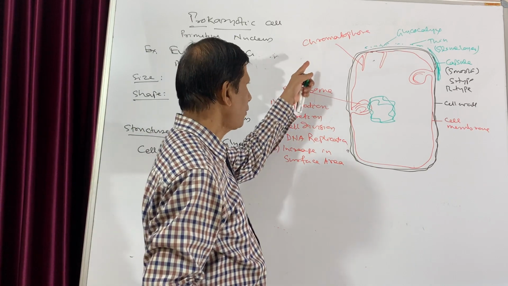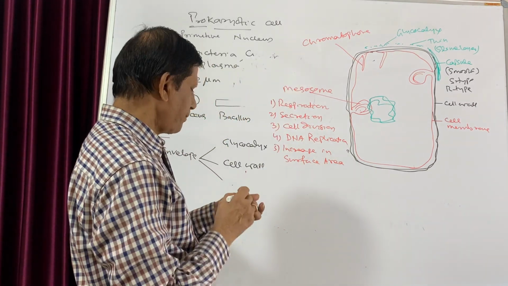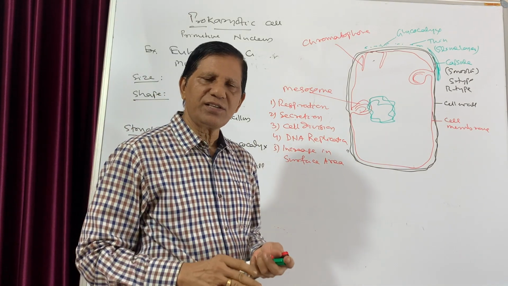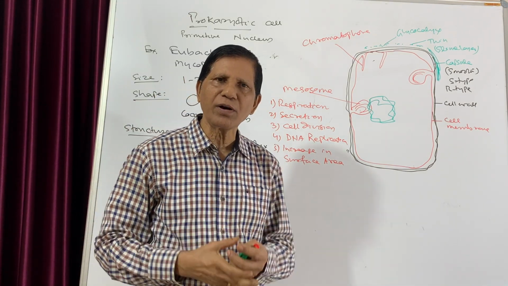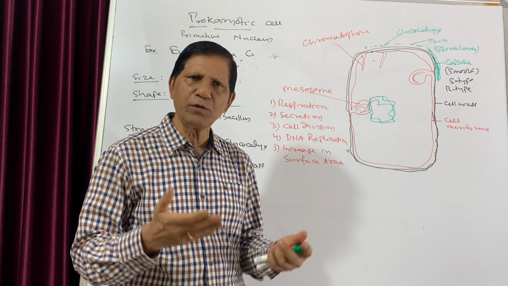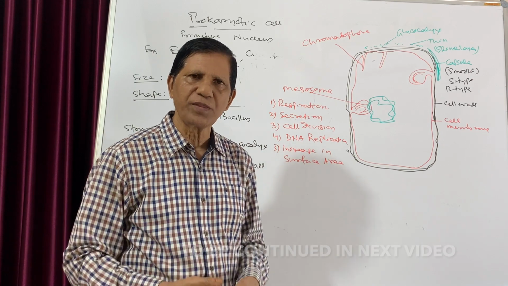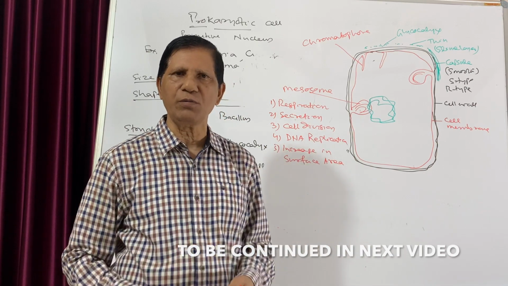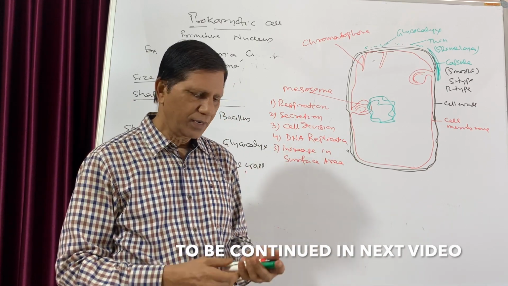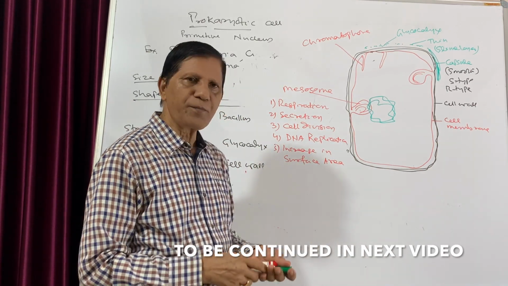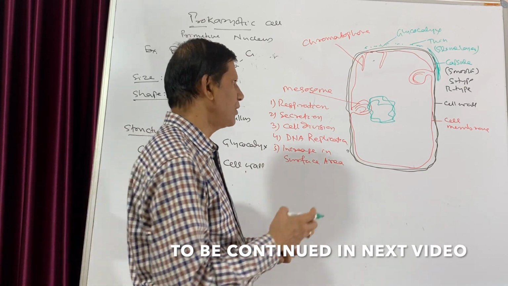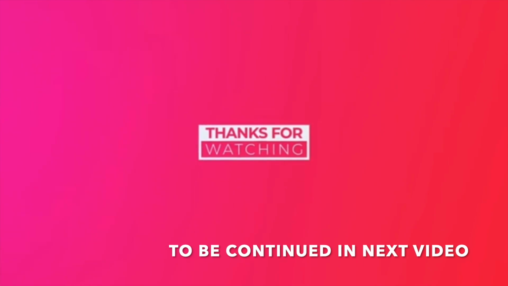Like eukaryotic cells, which have so many membrane-bound organelles, plastids, mitochondria, endoplasmic reticulum, Golgi body, all membrane-bound organelles are completely absent here in the cytoplasm. But here we will get some organelles which are membraneless, the ribosomes.